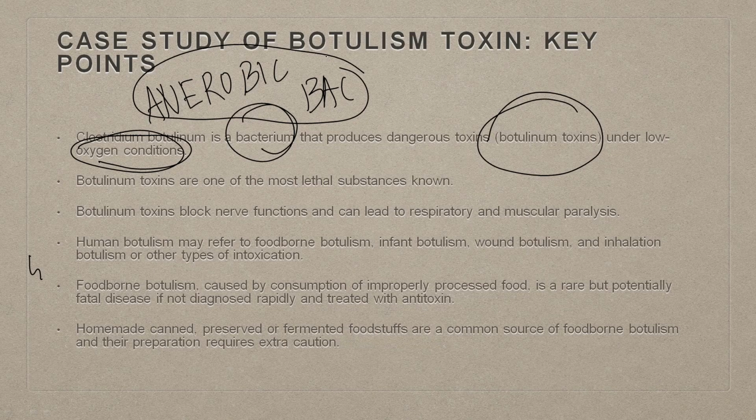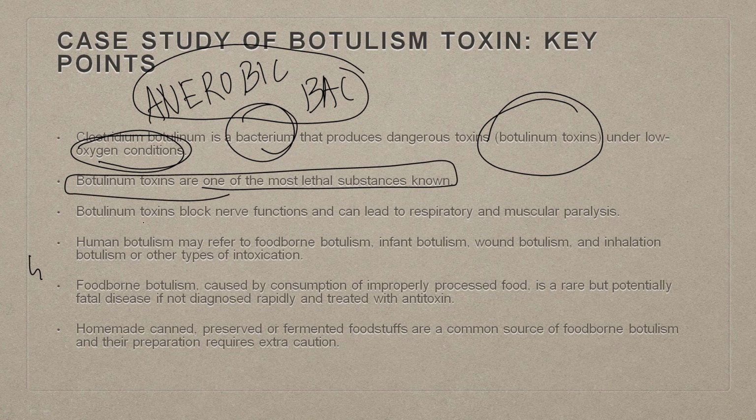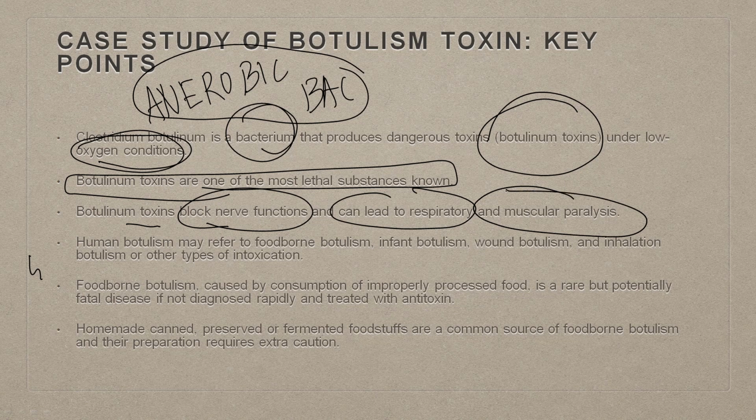They will be more prevalent in situations of lack of oxygen. Their survival strategies have managed to survive in lack of oxygen. Botulinum toxins are one of the most lethal substances known. Botulinum toxin blocks nerve function and can lead to respiratory and muscular paralysis. And I will explain how it does so.